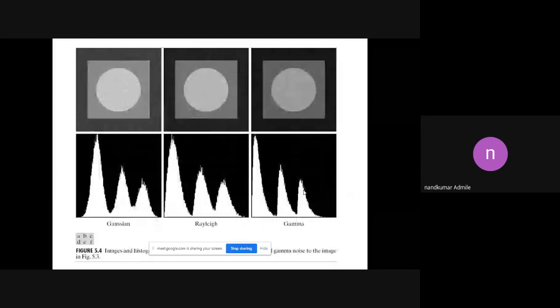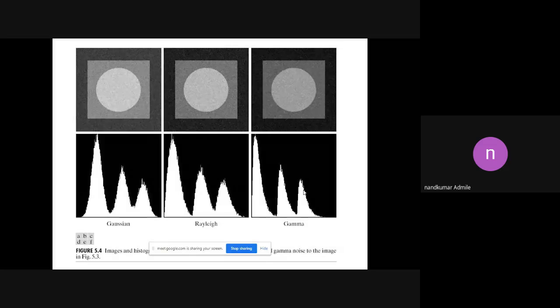If we simulate this image, we can easily visualize the structure of the noise. It might be Gaussian noise, Rayleigh noise, or gamma noise. By observing the plot function, we can easily identify which type of noise is present in the image. Only by observing the image we cannot identify it.